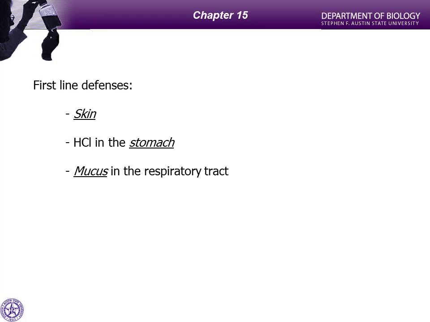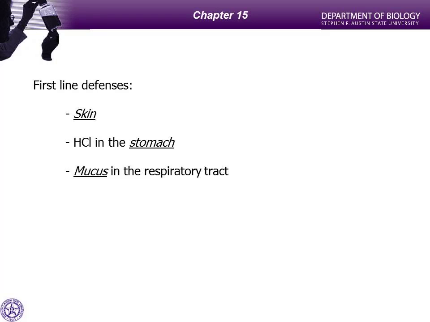And then what do you do? Swallow it into a pool of hydrochloric acid. So there are a number of these defenses, and does it matter what that pathogen is? If it's a virus, a bacteria, a parasite? No. It's going to do the same thing regardless. Non-specific protection.